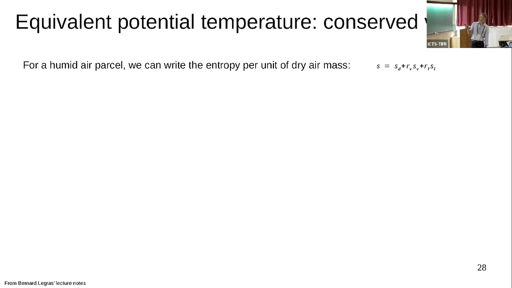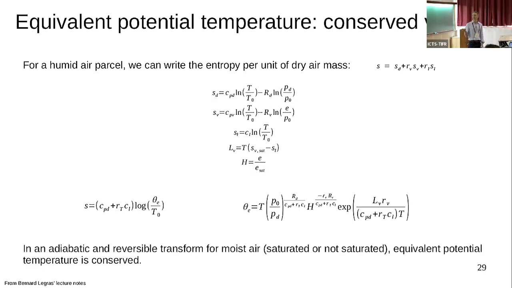So you have to write these 3 different entropies for dry air, for the vapor, and for the liquid. This is done by basic physics, ideal gas, and for liquid, a perfect liquid, let's say. If you use these definitions, you can write these beautiful equations, but it takes time, so we're not going to do it now. And you can write the definition of equivalent potential temperature.